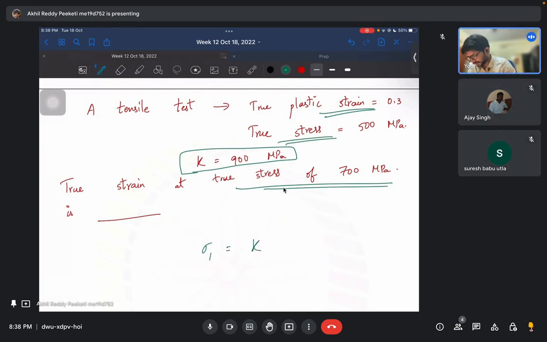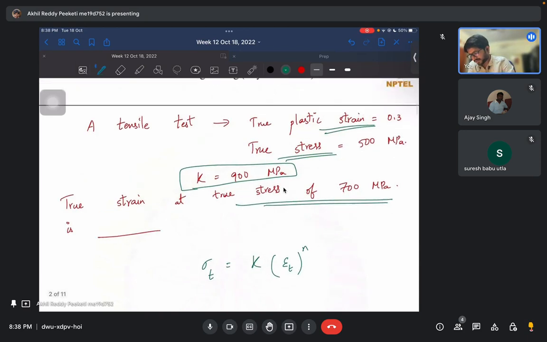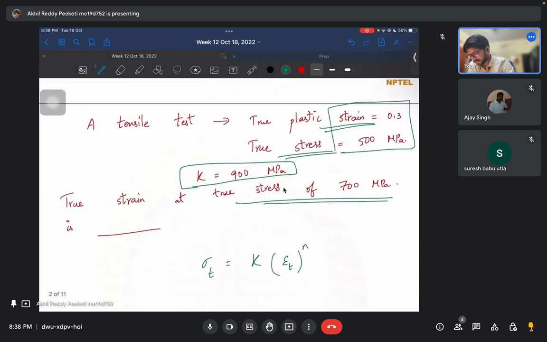Yeah, so sigma_t is K epsilon_t power n. Because one case is given and the proportional constant is given, the only unknown is the exponent n, right?